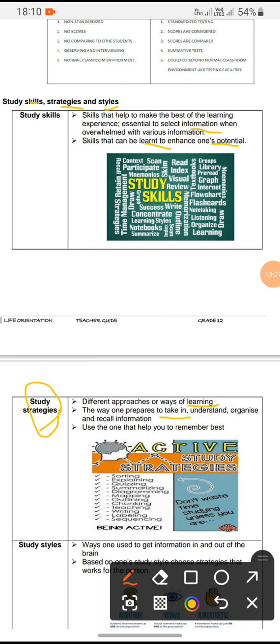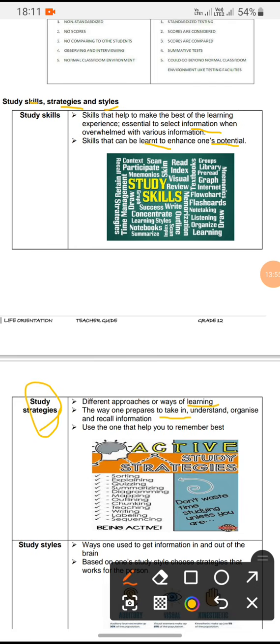Use the one that helps you to remember the best. I might be using mnemonics and they might be working for me. Someone can be using a cell phone just to listen to her or his recording when studying, and that really works. That might work for her, but it might not work for me.